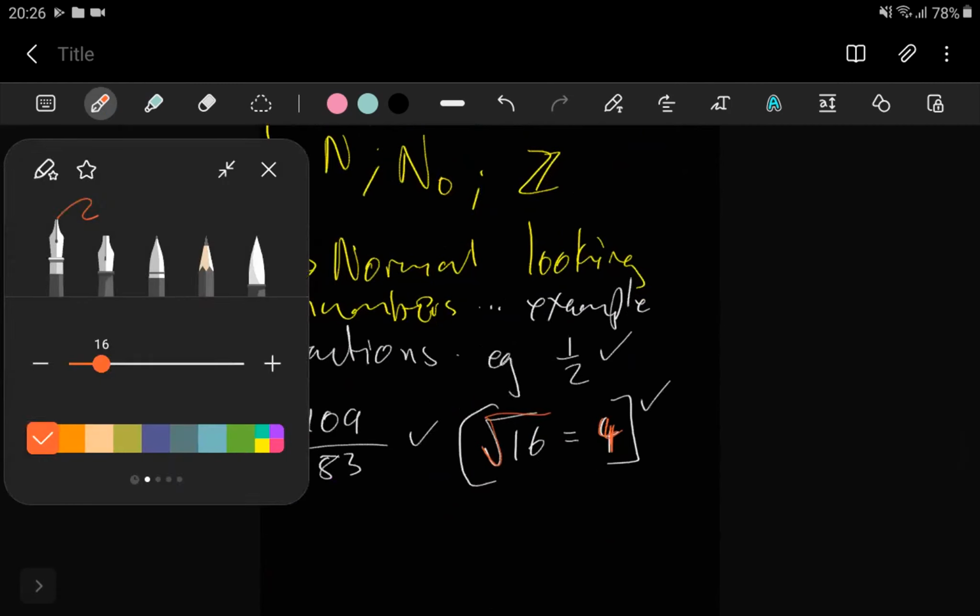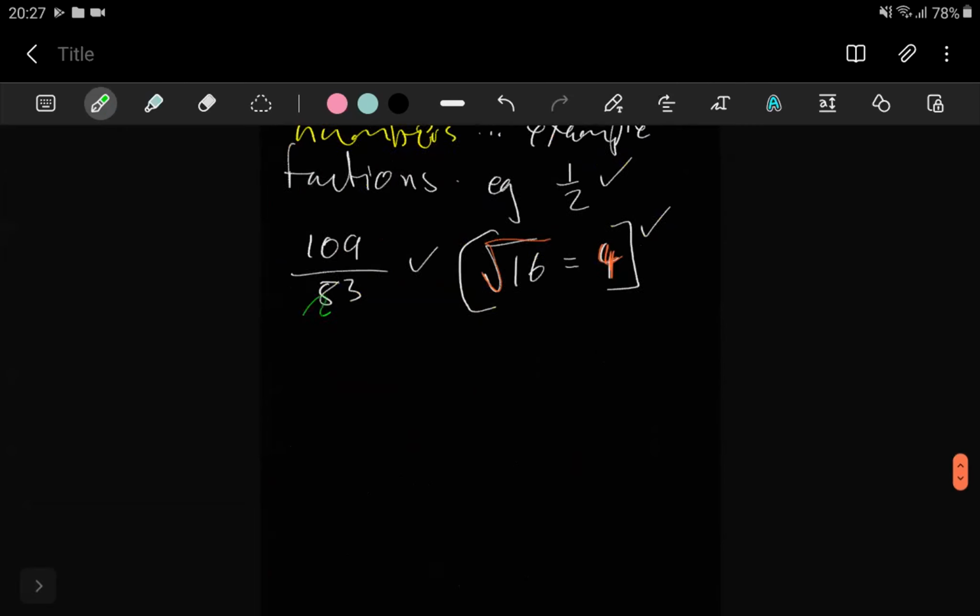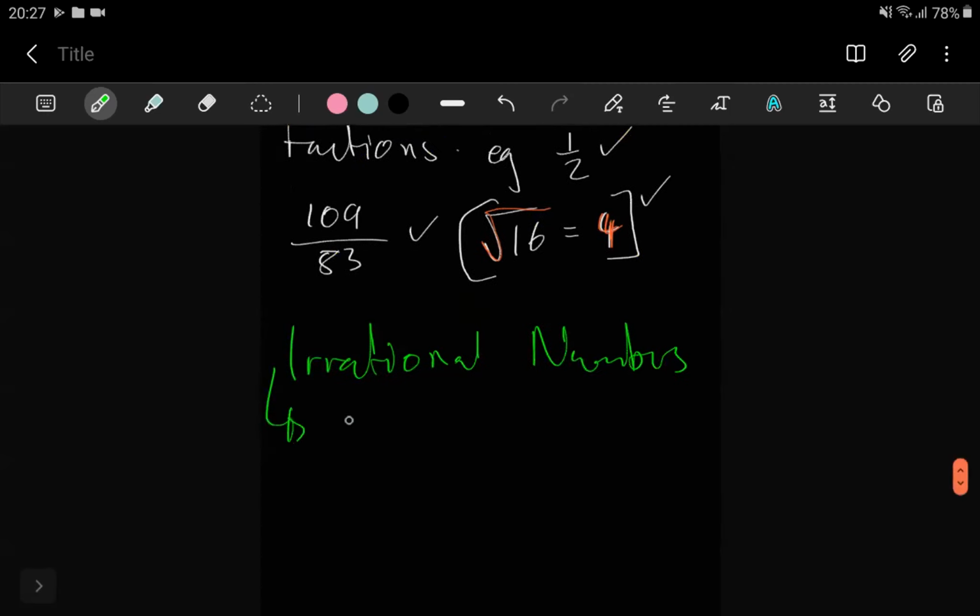To give better understanding, let's talk about the irrational numbers. When you think of irrational numbers, the easiest thing you can do for yourself is say weird looking numbers.